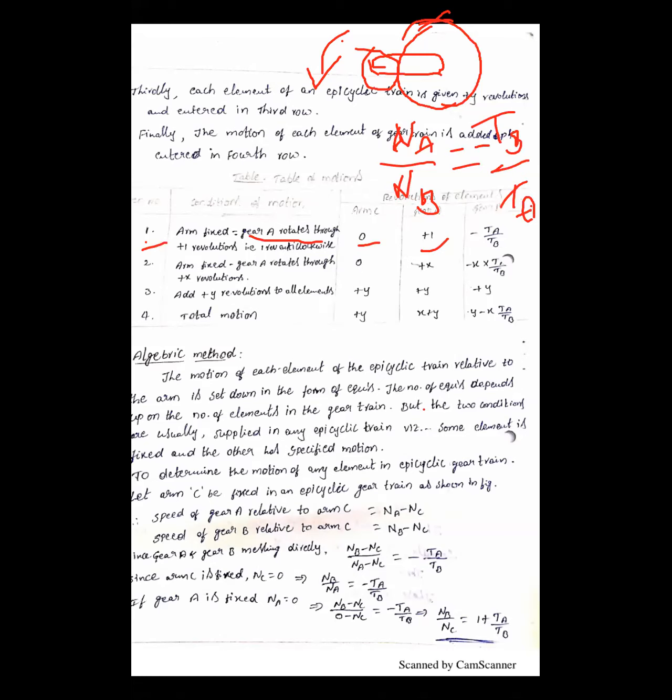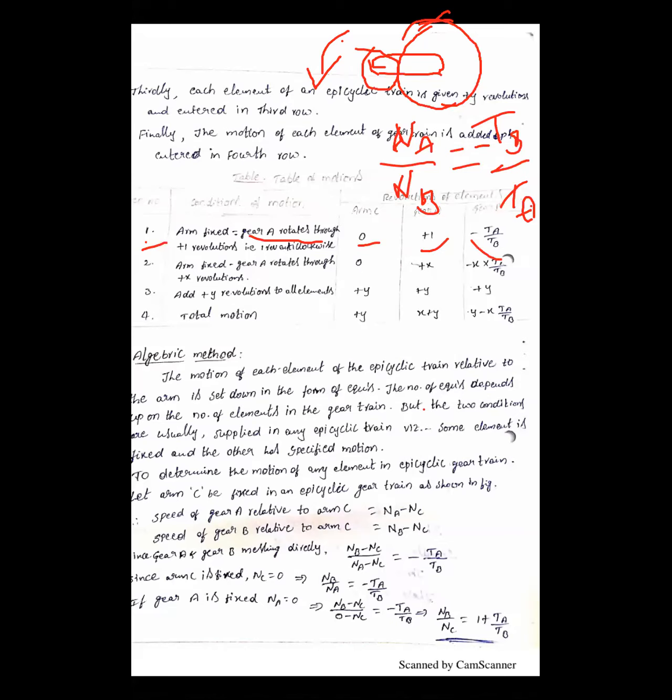So I'm going to find NB. NB equals minus NA into TA by TB. But NA is already said to be 1.